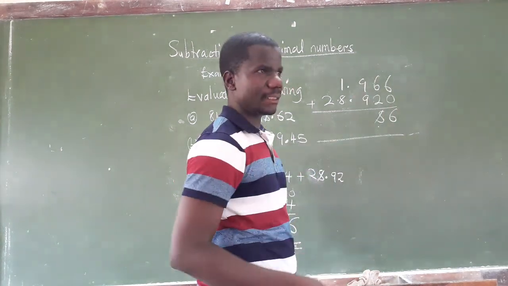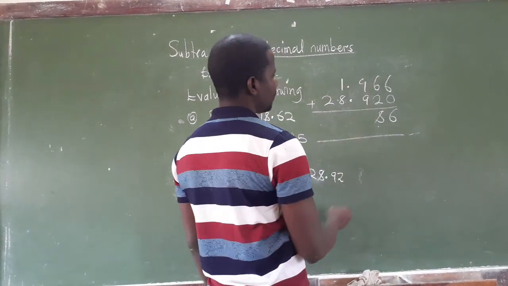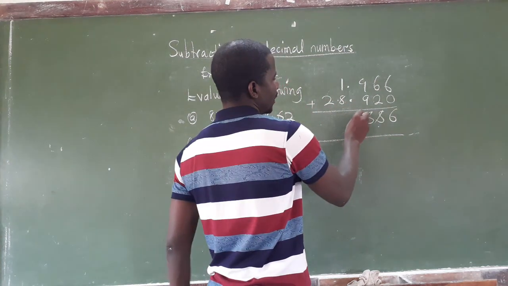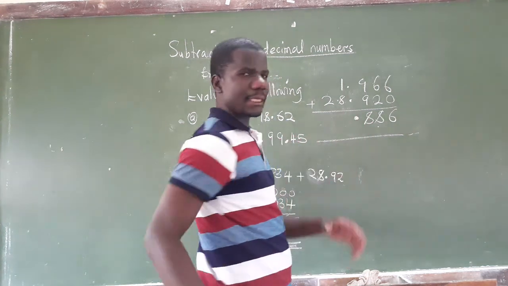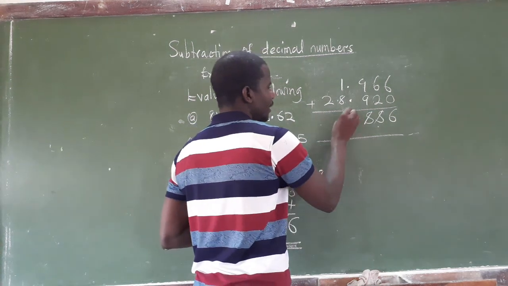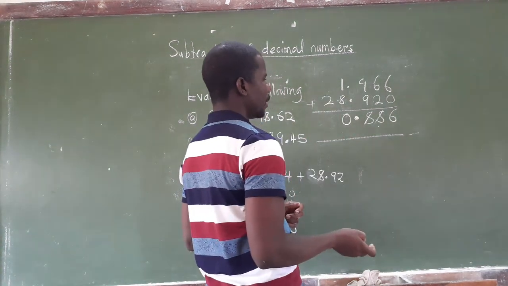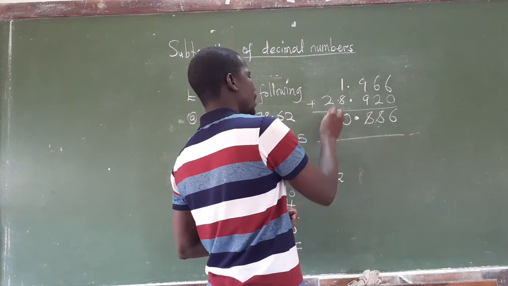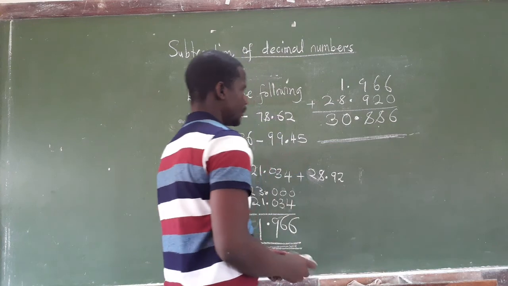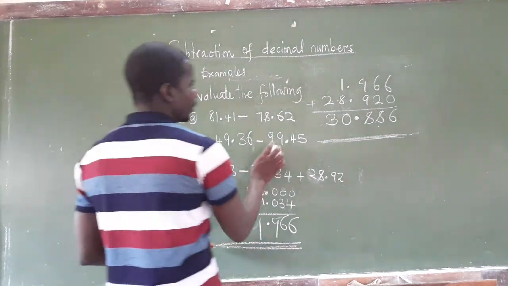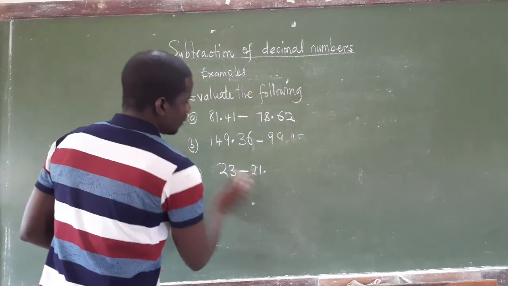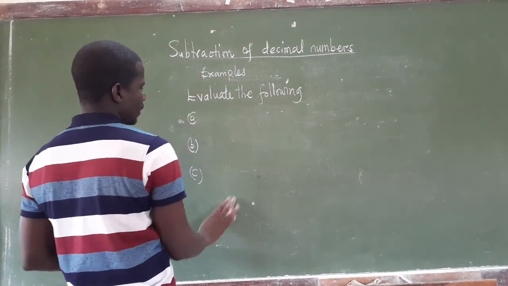This is going to give us 18. 18, you write 8. We have 1.9 plus that 1, we have 10. So we can't write 10 here. Instead, we write 0. Okay? So this 2 plus the 1, we have 3. This is what we are going to get as our answer.